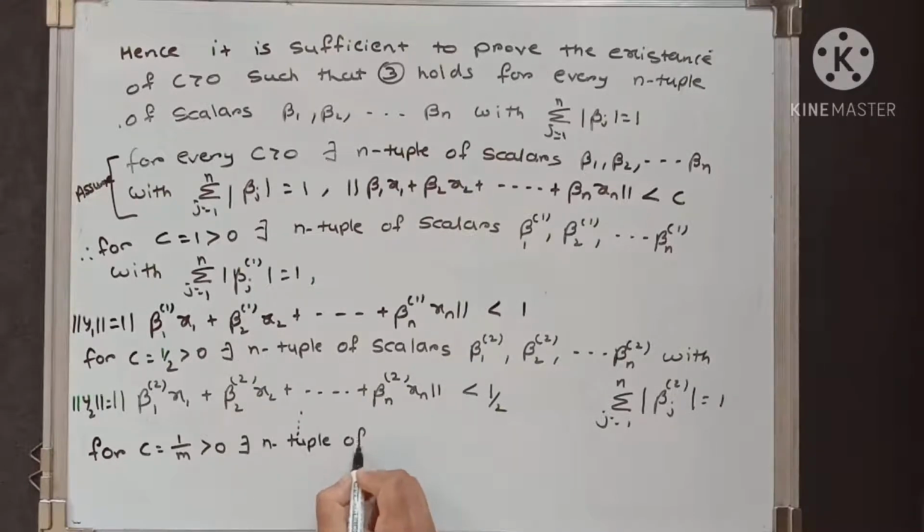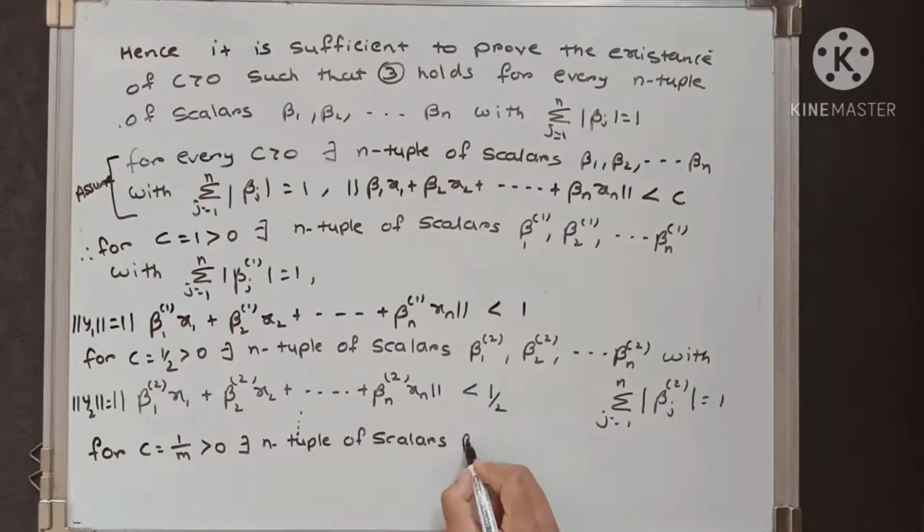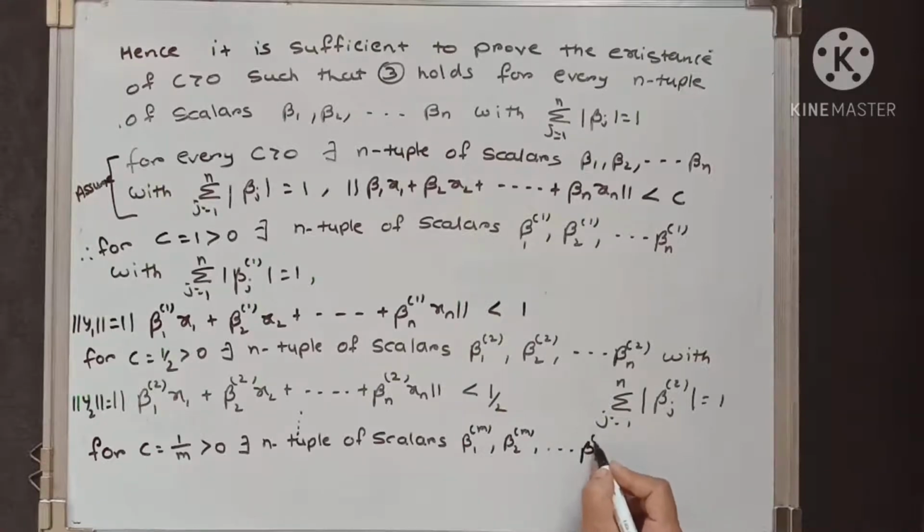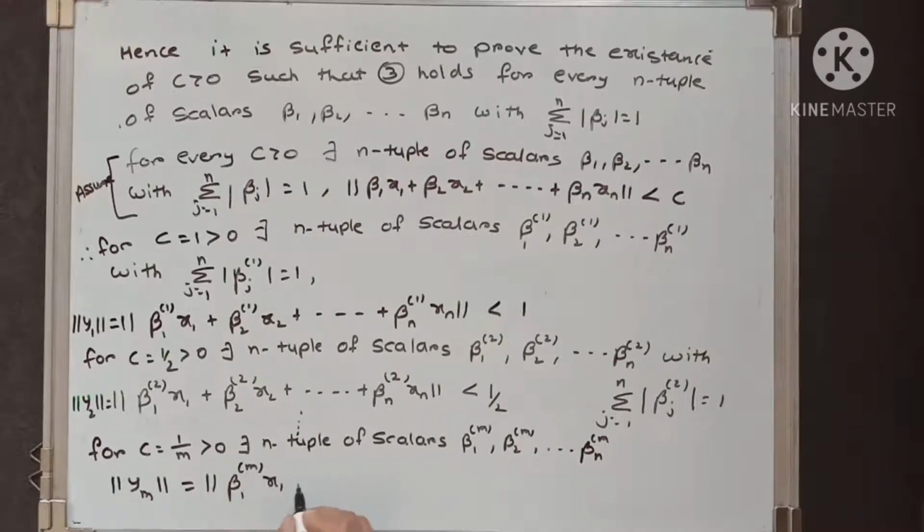There exists an n-tuple of scalars beta 1m, beta 2m, up to beta nm, with norm of ym, that is equal to the norm of beta 1m x1 plus beta 2m x2 up to beta nm xn, that is less than 1 by m.